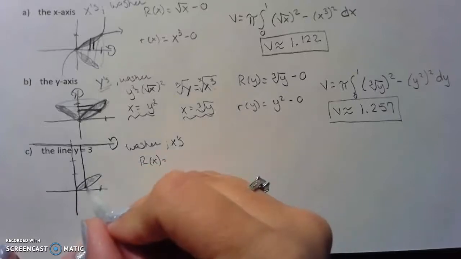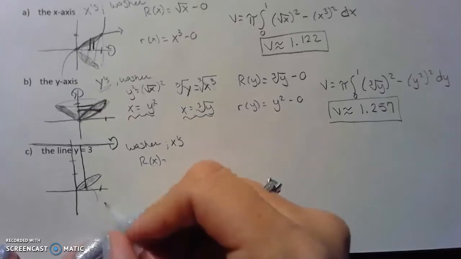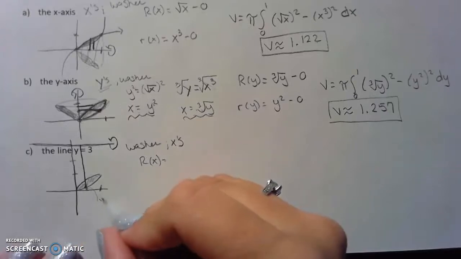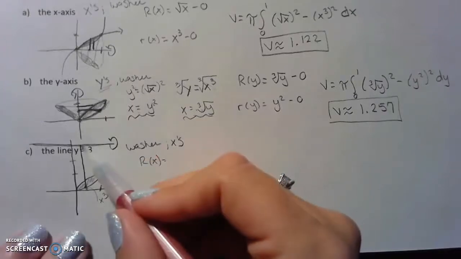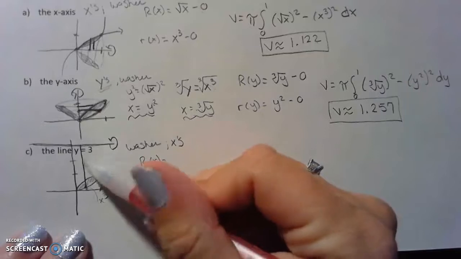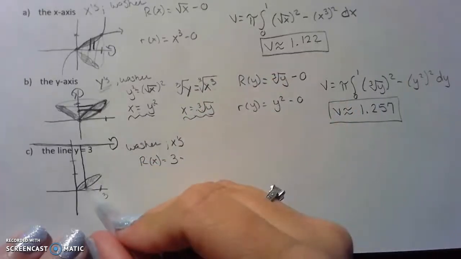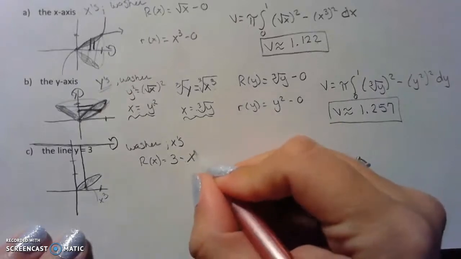So this little distance down here is our x cubed. I want everything except this. Well, this whole distance is a 3, and we're just going to take away this piece underneath, so the x cubed.